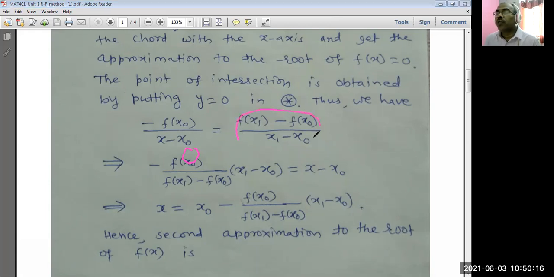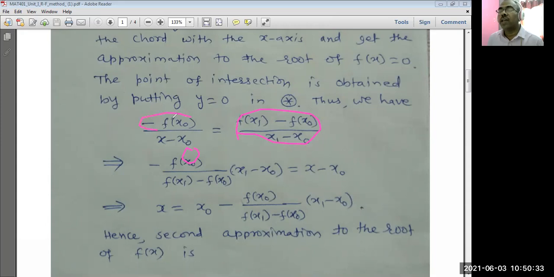If you want to write this on the left hand side, we take the reciprocal of this. So the reciprocal will be x1 minus x0 divided by f of x1 minus f of x0, and this quantity remains as it is.